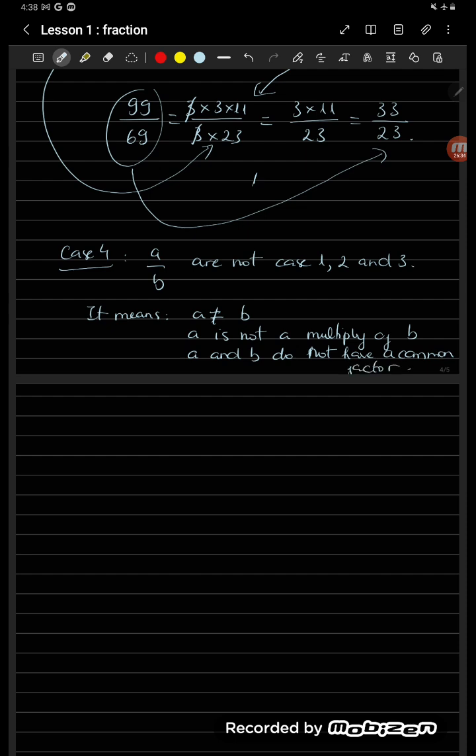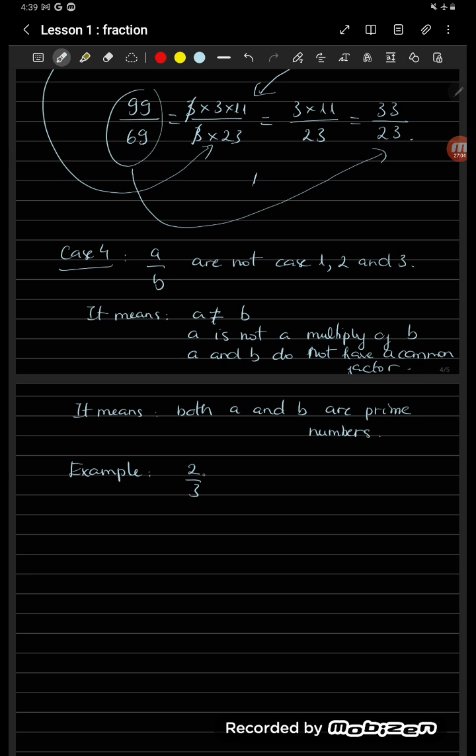right? So in this case, what does it mean? It means both a and b are prime numbers. Okay, and an example for this one, 2 over 3. Okay, so let's check. A equal to 3?